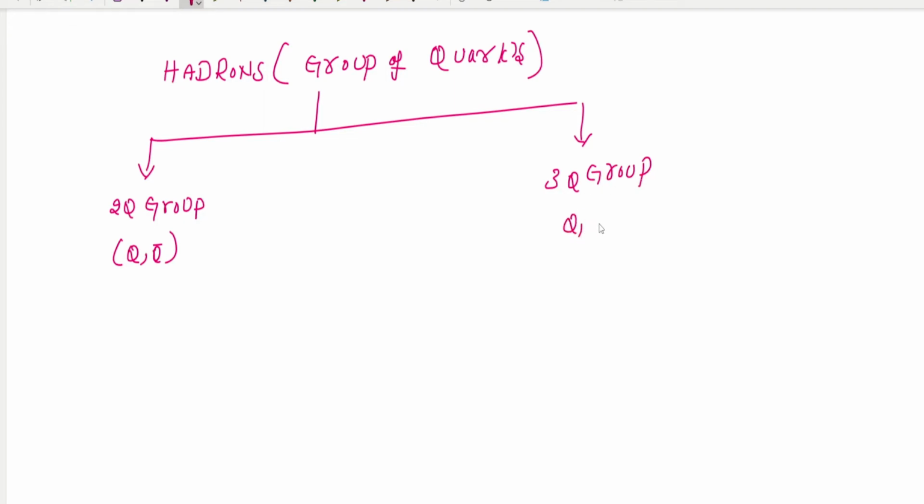Three Q groups: Q, Q, Q. Here Q bar is there. Try to recognize this one. Q, some bar. Here there is no bar. So these are mesons, right?